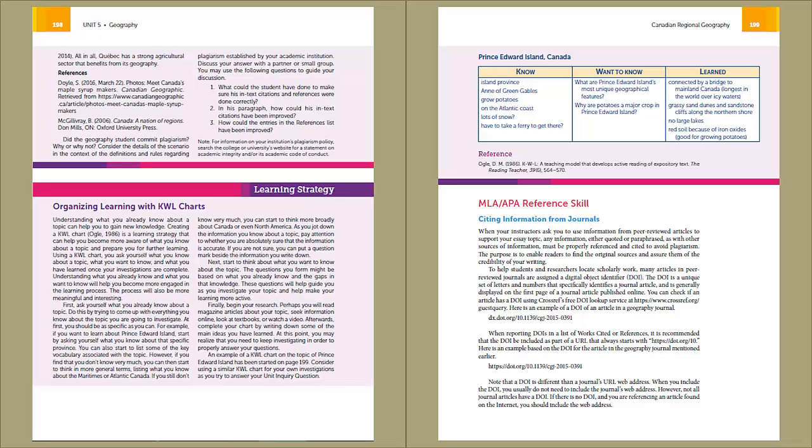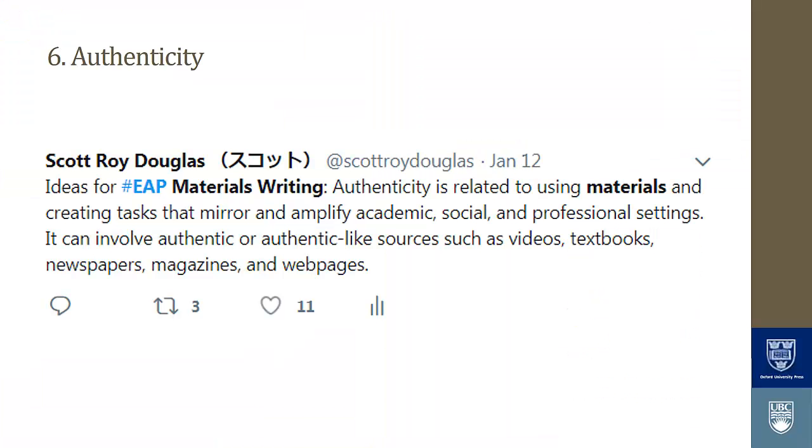This particular unit is on Canadian regional geography, so the examples are connected to Canadian regional geography. Here we're talking about Prince Edward Island. And it's by unfolding a number of strategies over the course of a semester that students are going to gather together those tools that are going to help them learn how to learn.